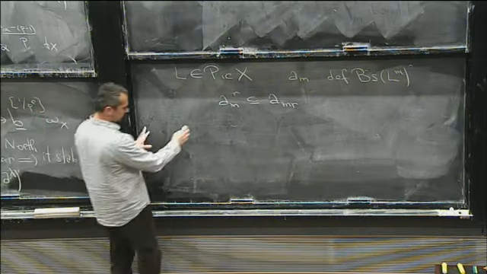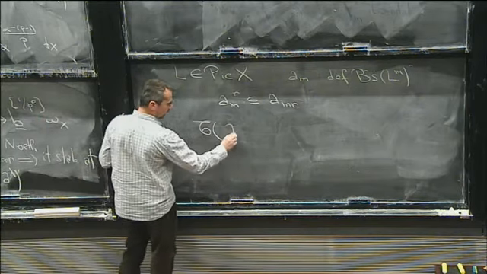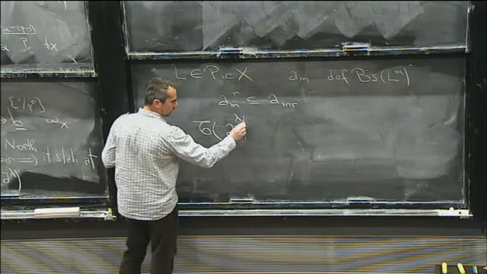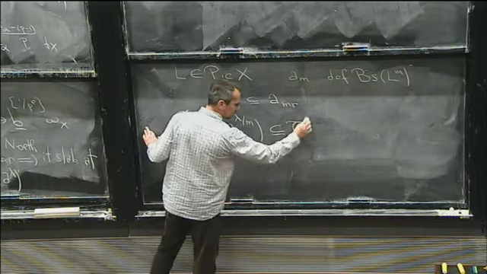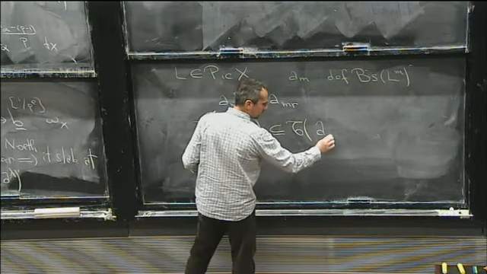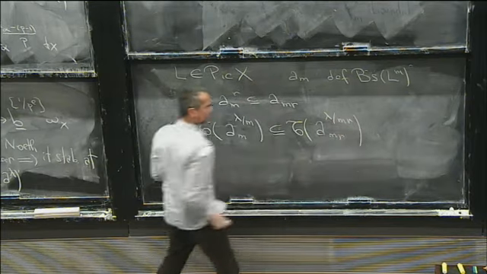Exactly as in the case of multiplier ideals, you use this remark to show that the test ideal of a_m^{lambda/m} is actually contained in the test ideal of a_{mr}^{lambda/(mr)}. Why is that?